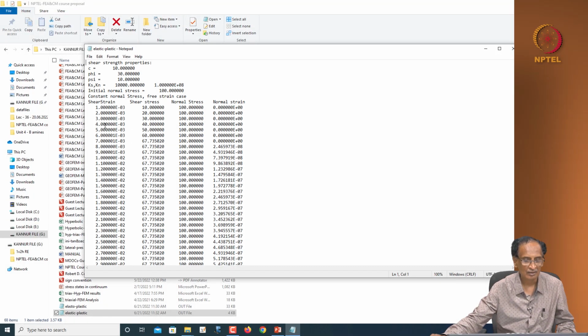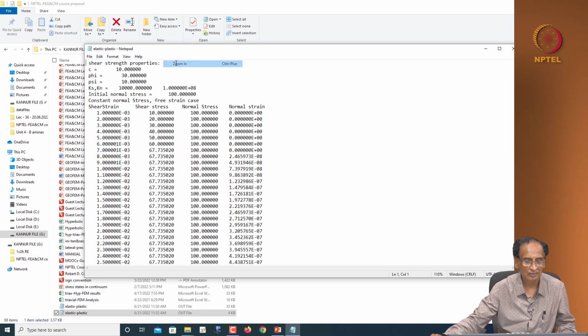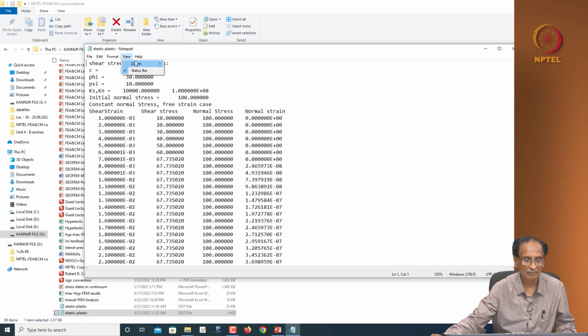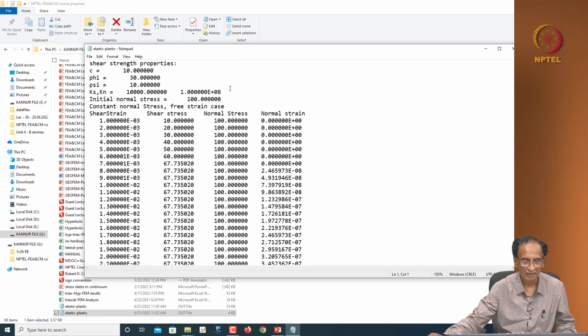Yeah, okay, so now we are getting good results. See, the shear stress increment is 10 in the elastic part. Let me zoom it a bit. With every shear strain increment, the shear stress increases by 10 in the elastic part.